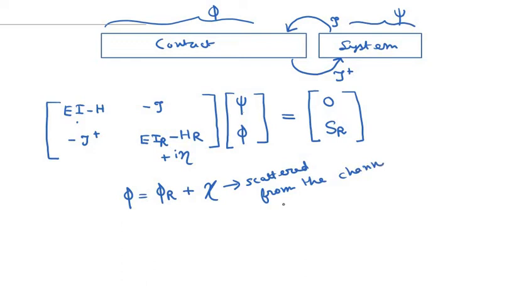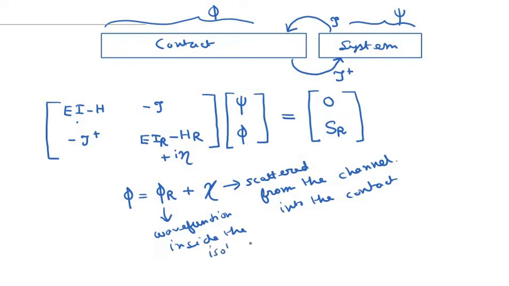We have discussed this before, and phi r is the wave function inside the isolated channel. And then we can take a few terms towards the left and write it in a different format.